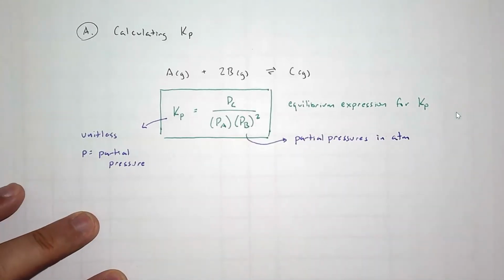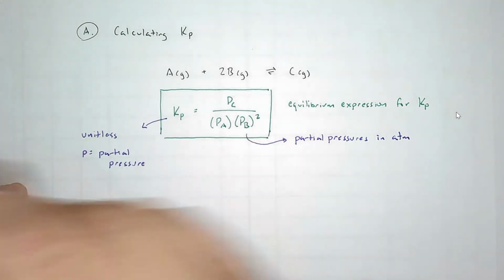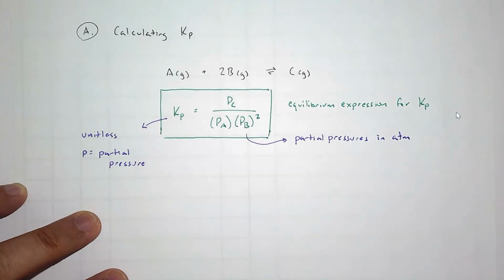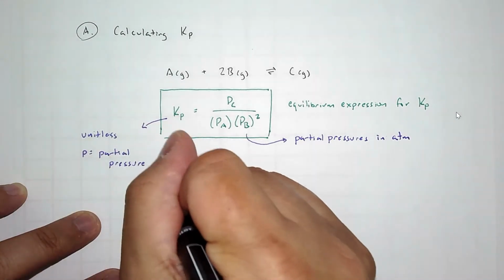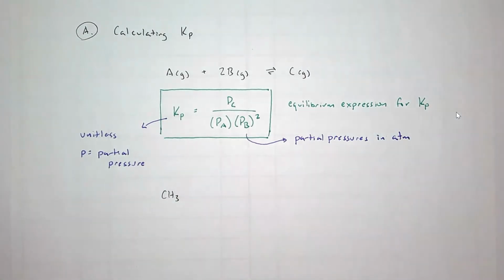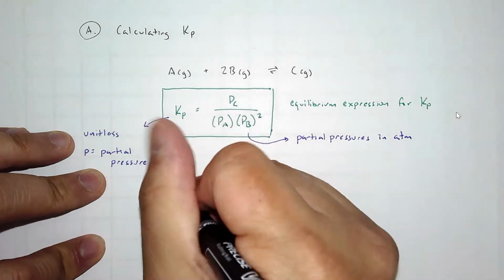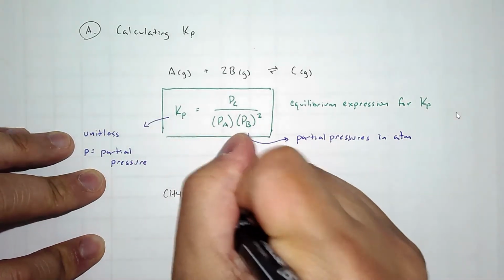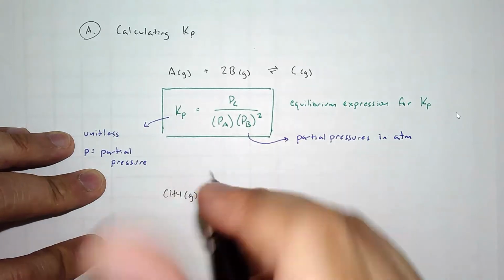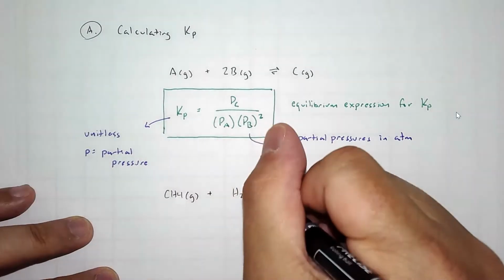Let's do one example. Let's use real chemicals. Let's try this: CH4 gas, methane, plus H2O, and I'm going to make this liquid.